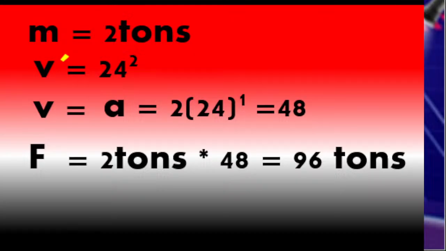So say you got a truck, right? Weighs 2 tons. Okay? So you can say that's the mass. And its velocity is 24 squared. So you can say, well, mass should be smaller, but 24 squared would be 24 times 24. That's how fast it's going, right? Basically, I'm just giving you a basic idea. It's not going to be going that fast.